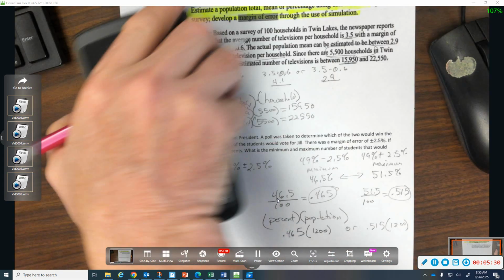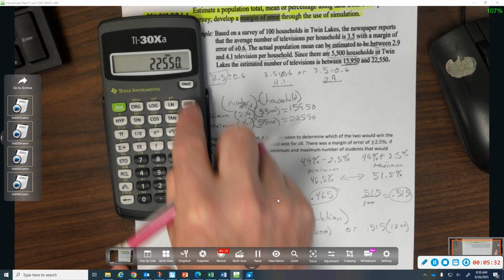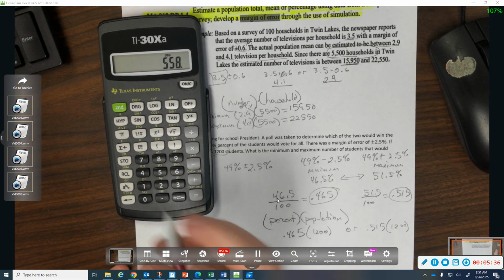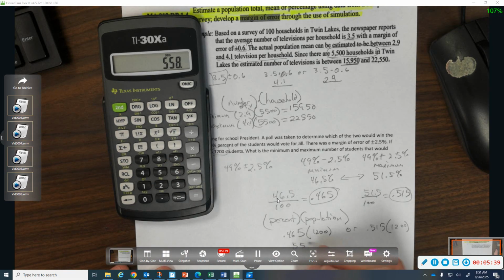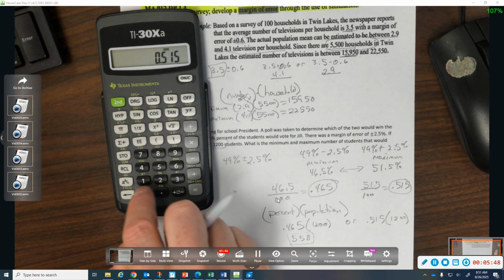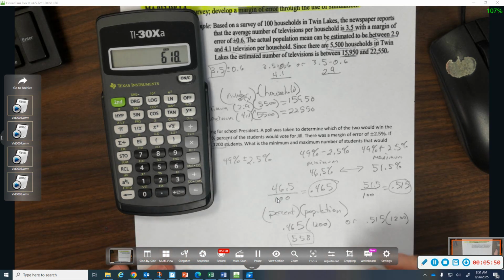We have to do both. When we multiply 0.465 times 1,200, we see that there were 558 students on the minimum side that voted for Jill. On the maximum side, 0.515 times 1,200, we have 618 students. So we know somewhere between 558 and 618 students could have voted for Jill. And if it's 50%, it is possible that Jill wins the election.